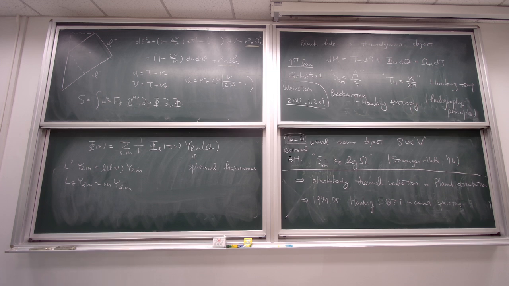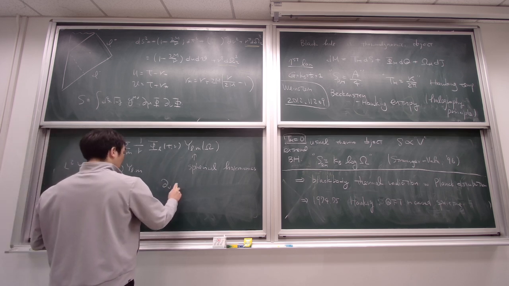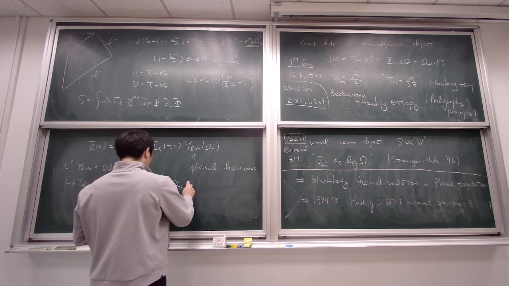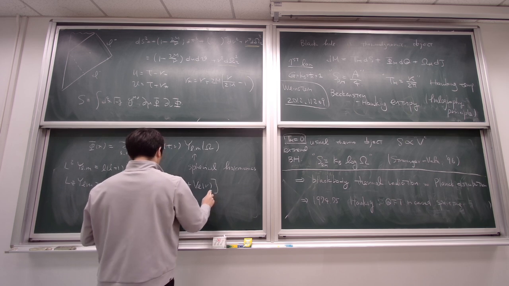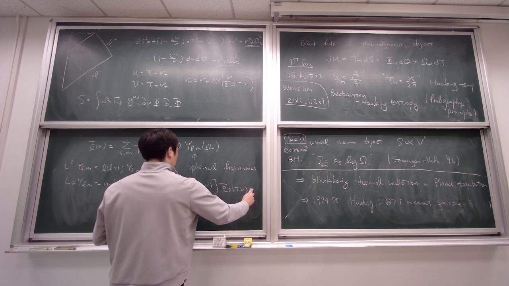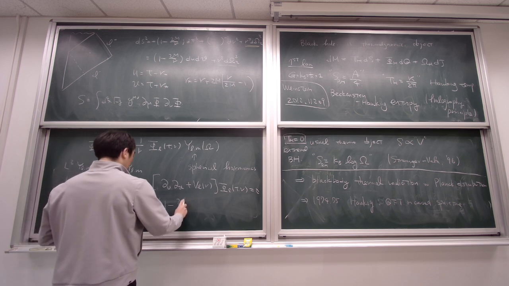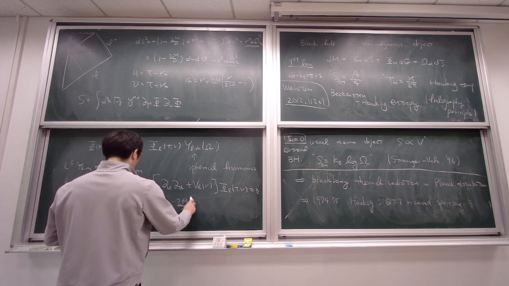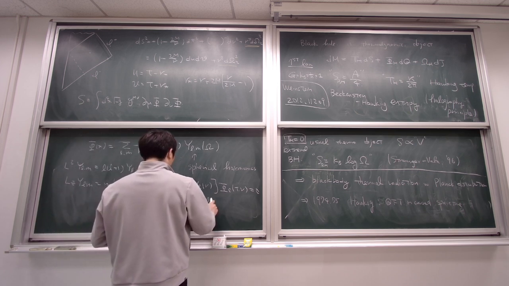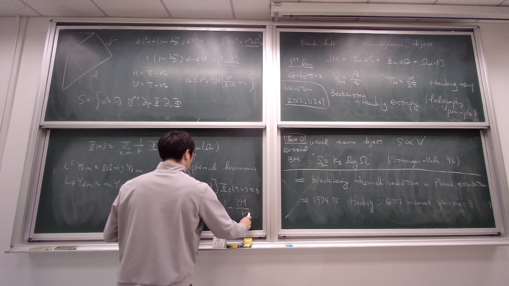You expand in terms of the spherical harmonics and the modes, so that the Klein-Gordon equation becomes d_u d_v phi_l plus V_l of r phi_l equals 0, where V_l of r is (1 minus 2m over r) times (l(l+1) over r squared plus 2m over r cubed).